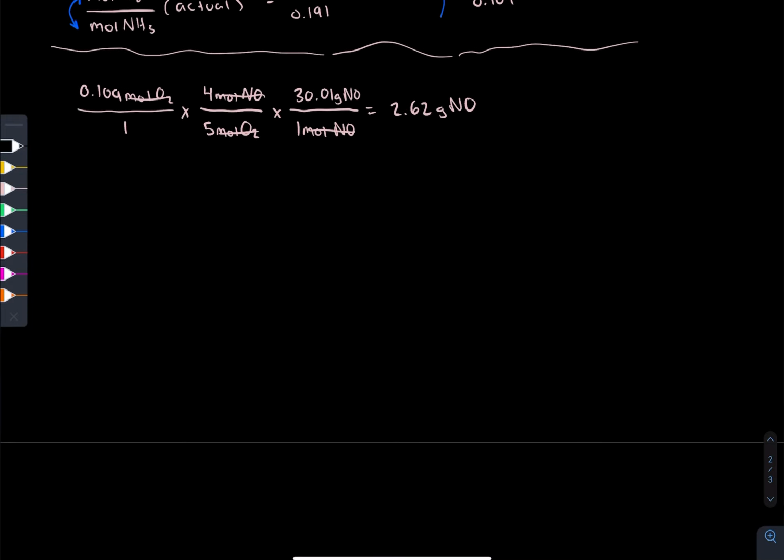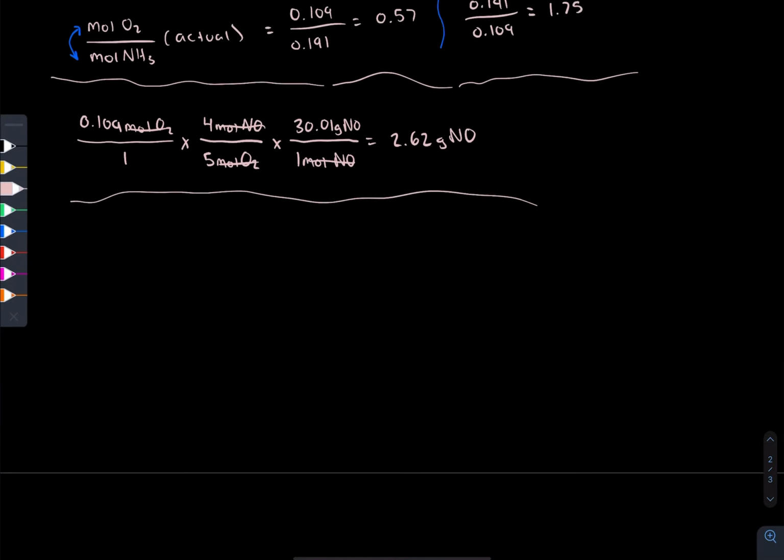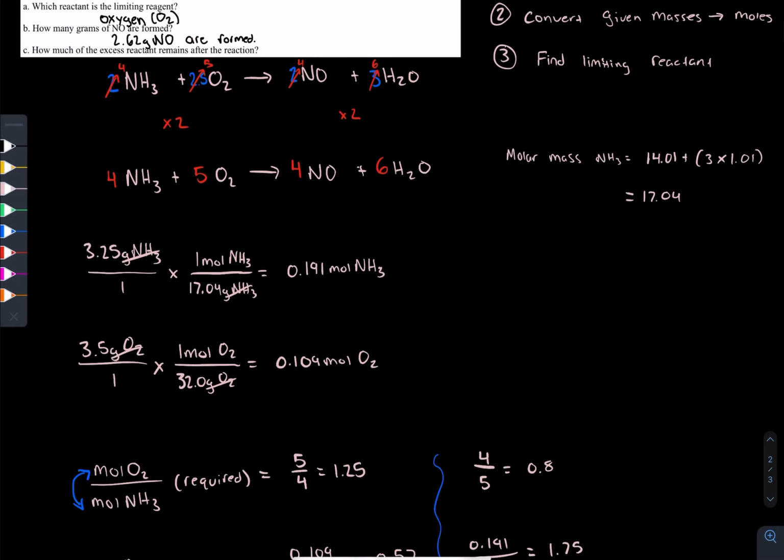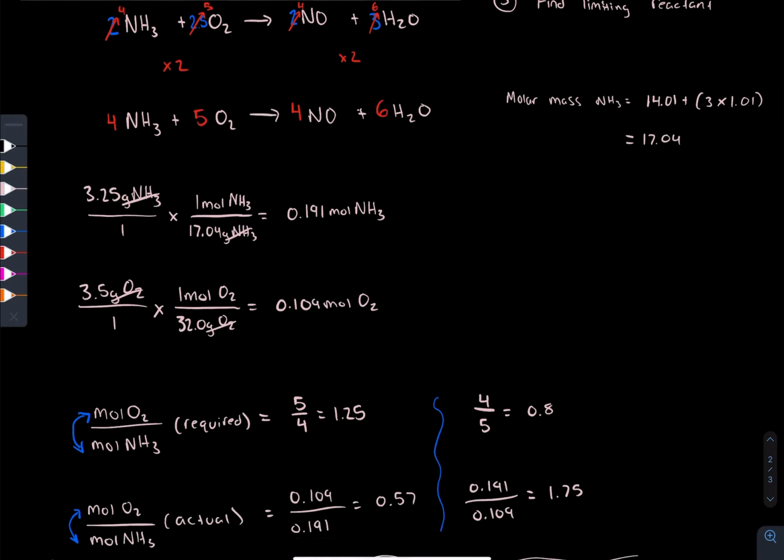And then lastly, we're asked how much of the excess reactant remains after the reaction. So to find that out, we just need to figure out how many moles of NH3. Since NH3 is our excess reactant, we need to find out how many moles of NH3 are used in this reaction.